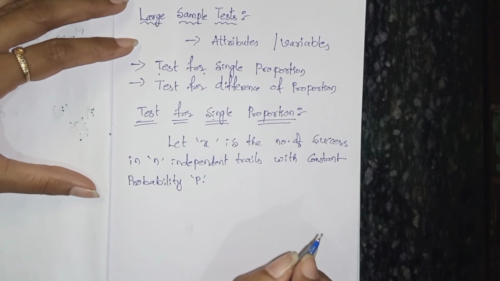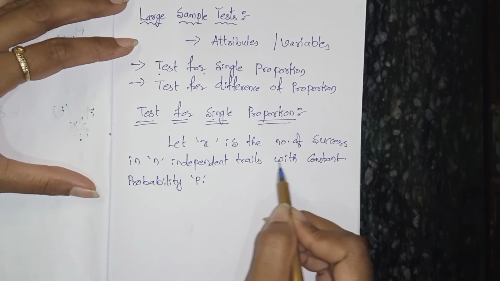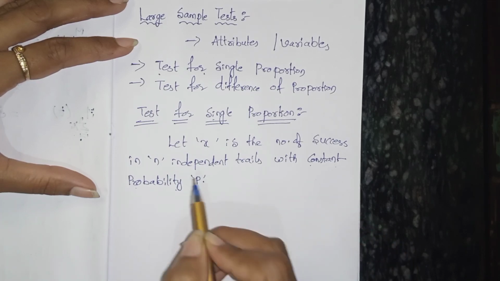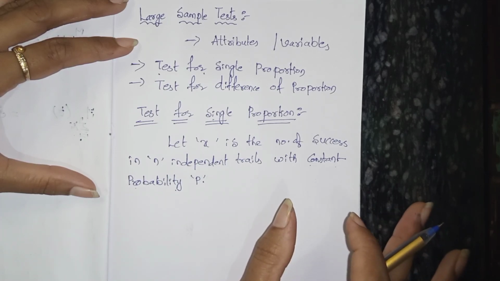We all know that when we have constant probability, it follows binomial distribution.